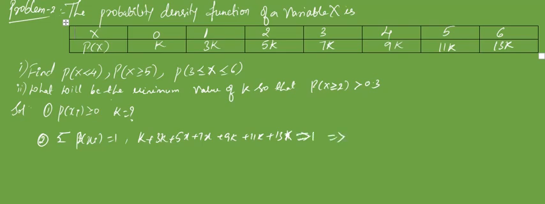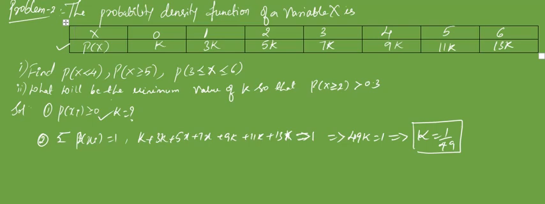So how much k do we have? 11, 13, 24, 25, 30, 33, 40, 49. So we have 49k is equal to 1, which implies the value of k is equal to 1 by 49. When you substitute this back, obviously p of x will be greater than or equal to 0. So both the conditions are satisfied.